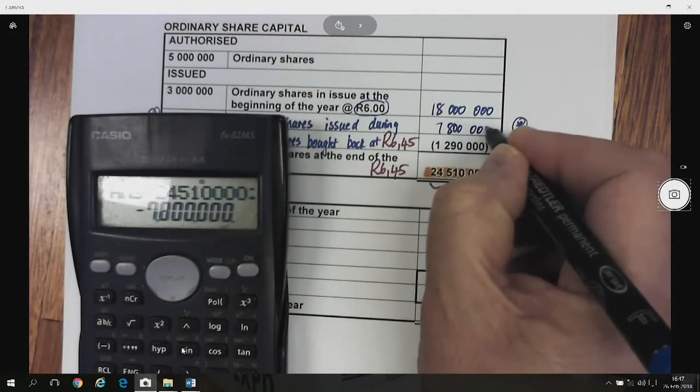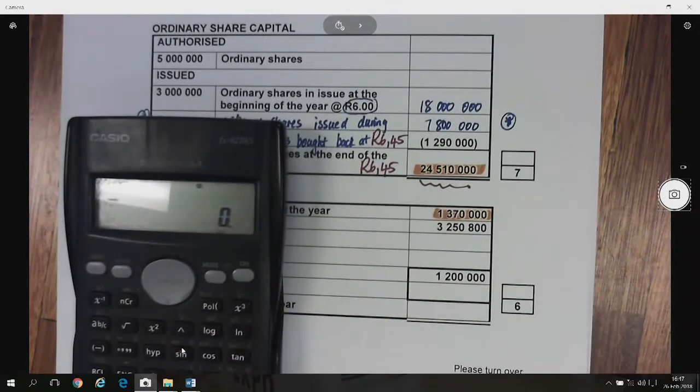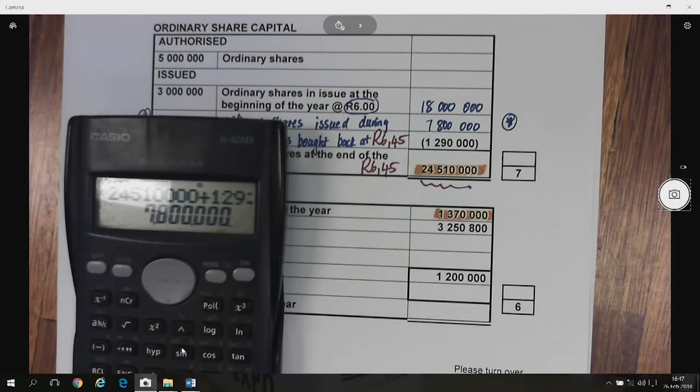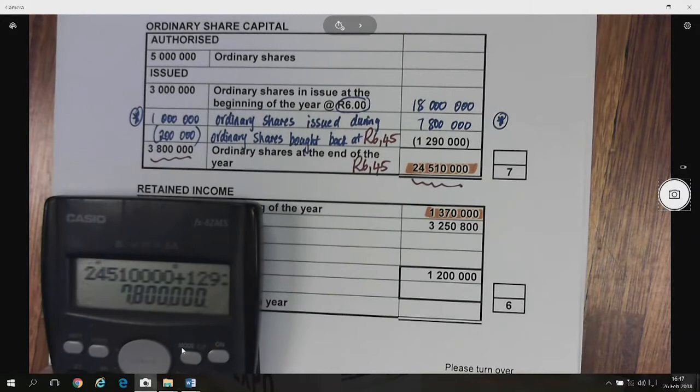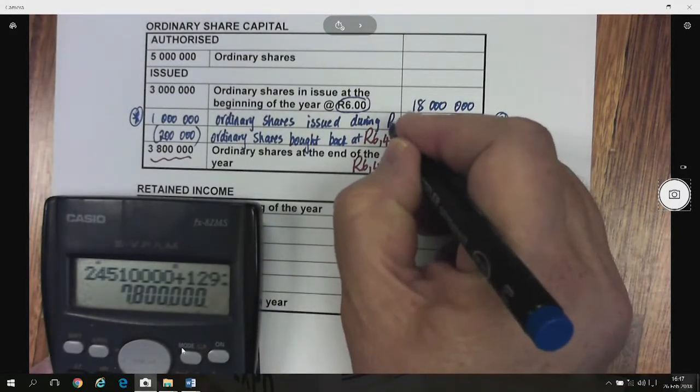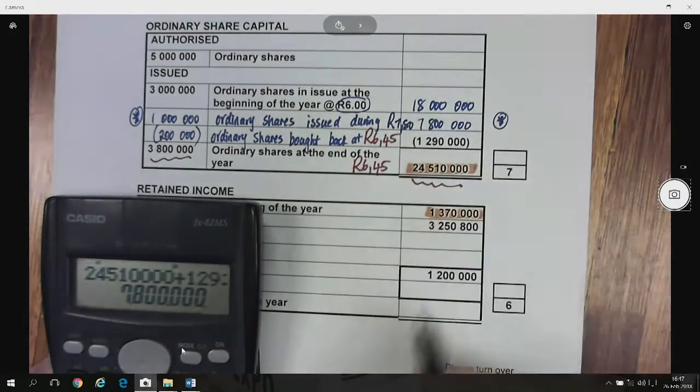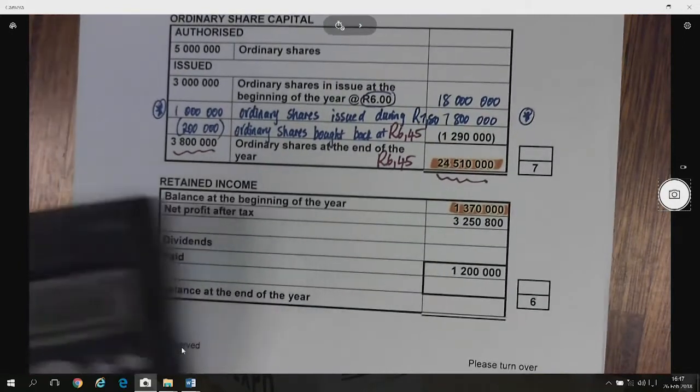Or I think an easier way to do it is to start at the 24,510,000, then you add 1,290,000, and you minus 18 million, and that gives you 7,800,000, and it was 1 million shares, so it was there at R7.80.